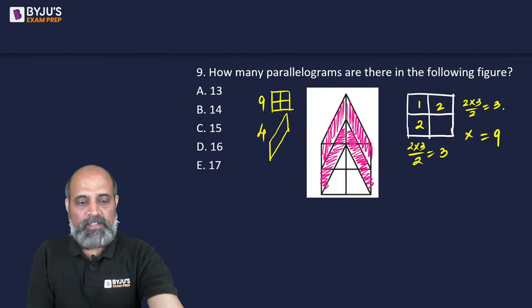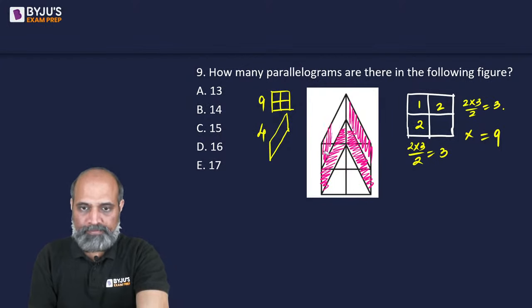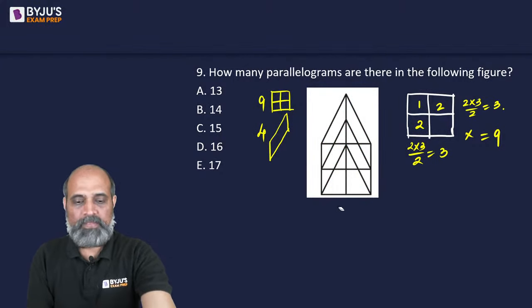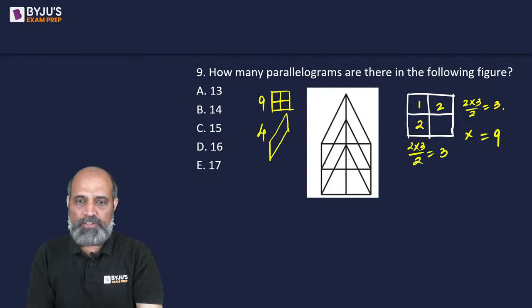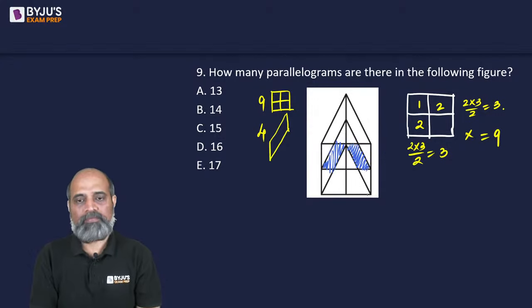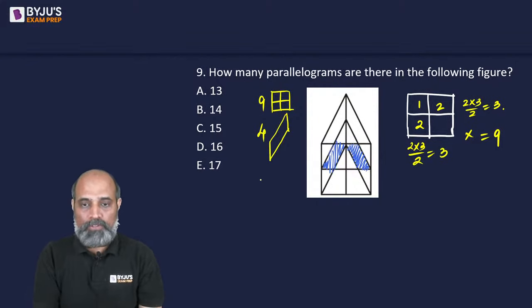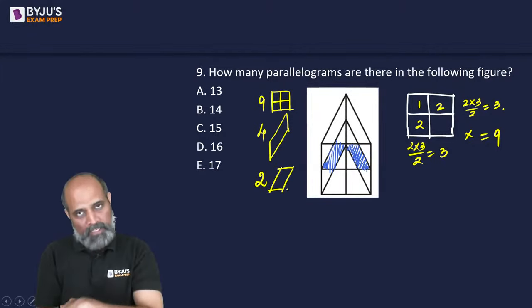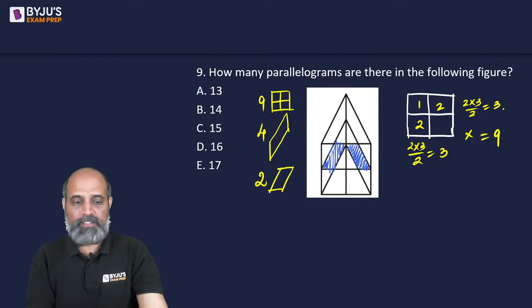Okay. Next, if you pay a little attention, you will realize that this is also nothing but a parallelogram, है ना? ये भी parallelogram का part है. So I get 2 more which are smaller and they look like this or the mirror image, right?